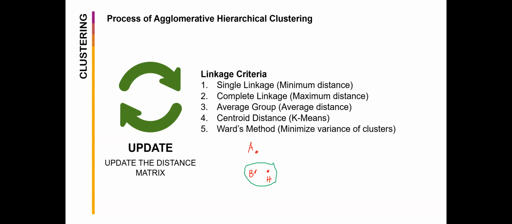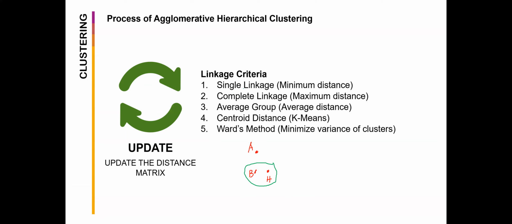So when A comes in and let's say we identify that A is the next nearest data point to this cluster, how do we define whether to measure the distance from A to B or A to H, since both belong to the same cluster? That is where linkage criteria will come in.